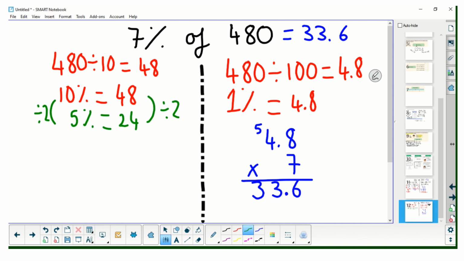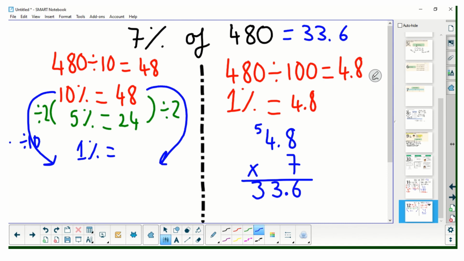So now what I need to do is find 2%. Okay? So what I can do, I can divide 10 by 10 to find 1%. 10 divided by 10 equals 1. And we also divide 48 by 10.